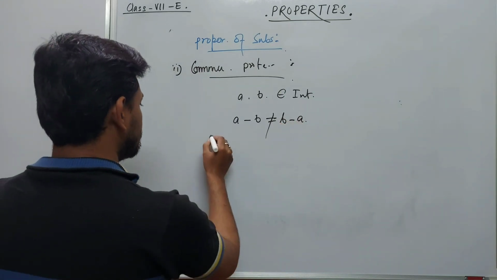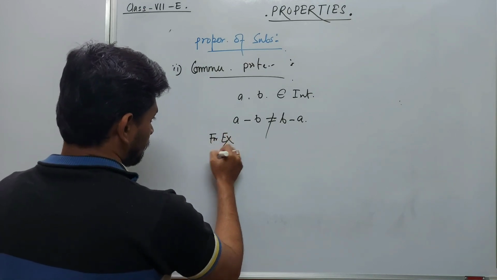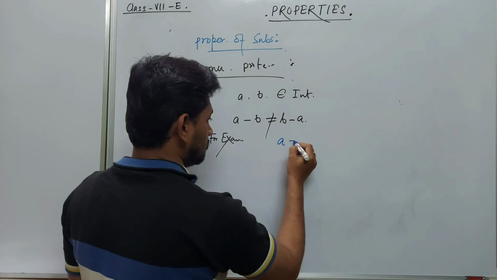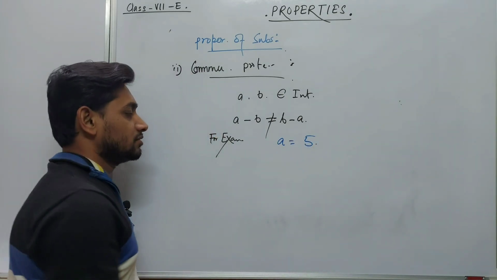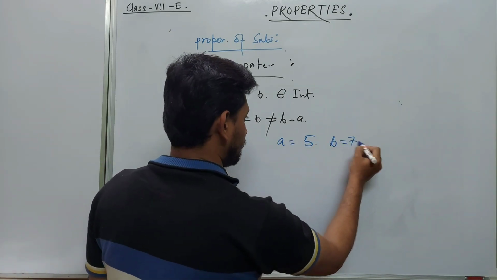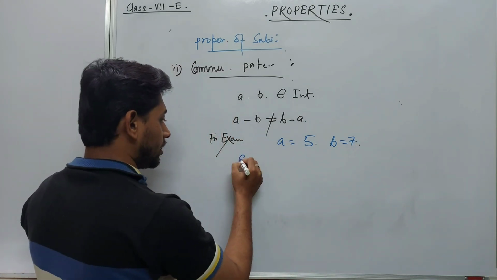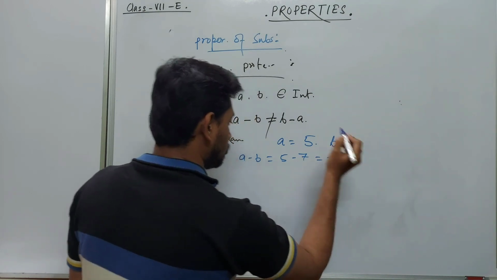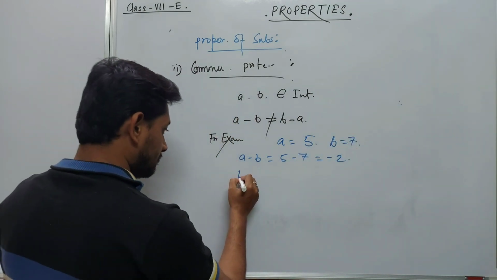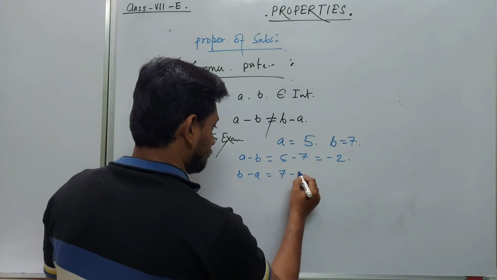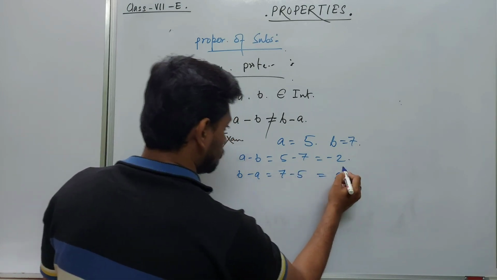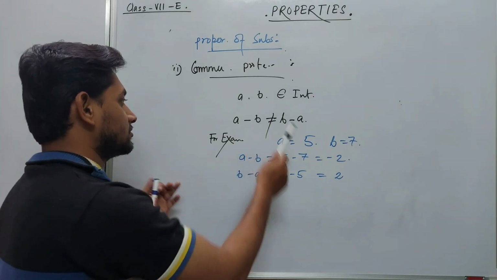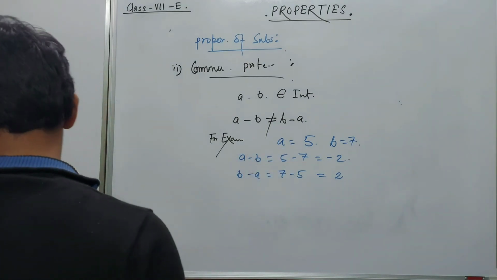We can check. For example, let A equal to 5 and B equal to 7, then the value A minus B equal to 5 minus 7, that is minus 2, but B minus A, that is 7 minus 5 equal to 2, that is 2 not equal to minus 2, that is A minus B not equal to B minus A.